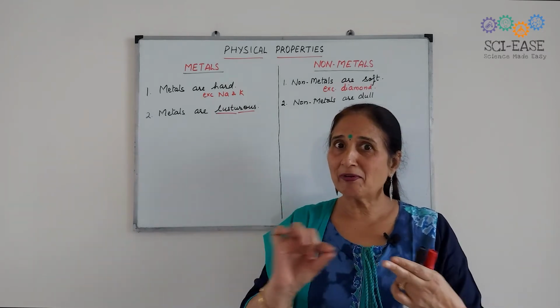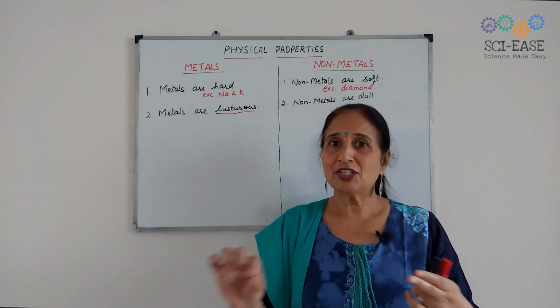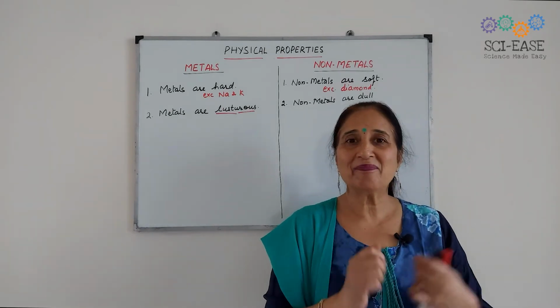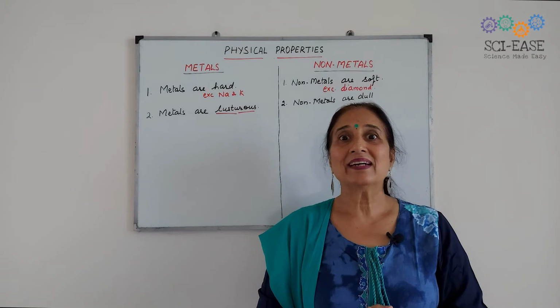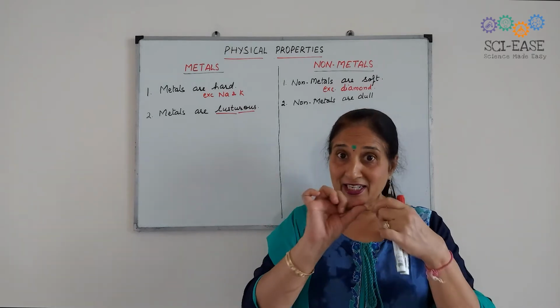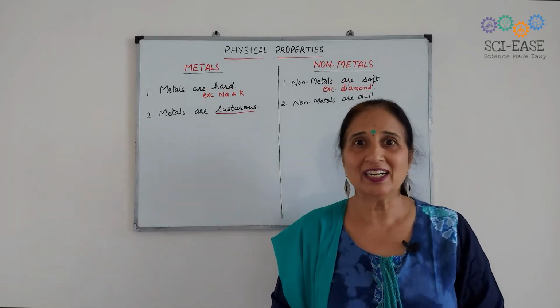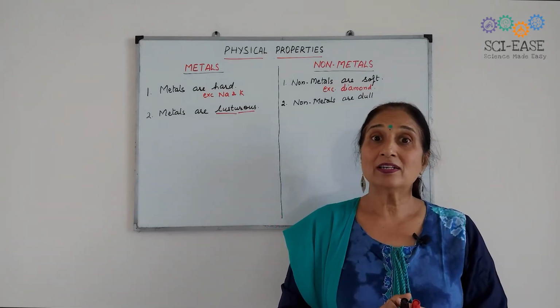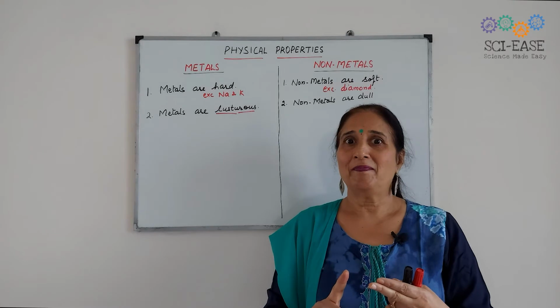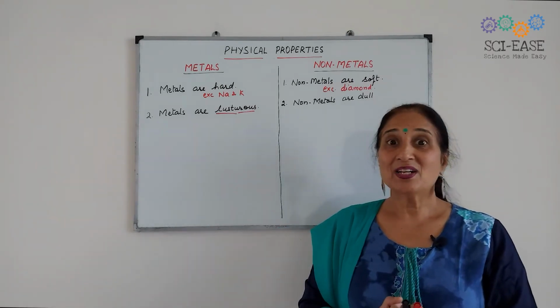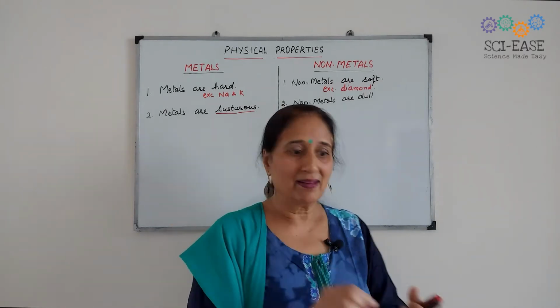Thin sheets, they will be formed. Iron sheets, aluminium sheets, and the most important of them, that is the aluminium foil. It is very thin, which your mom used for wrapping your lunch, or silver foil that is used to decorate the sweets. So they are very thin.